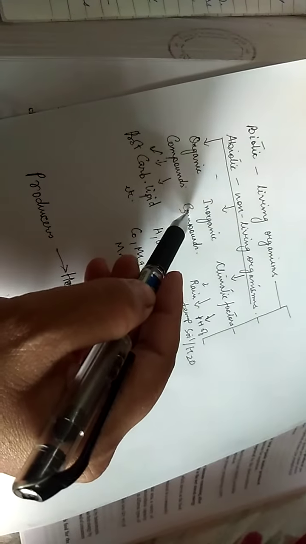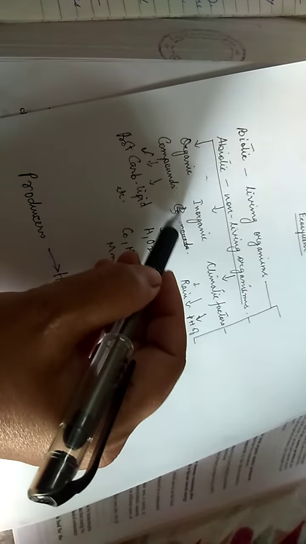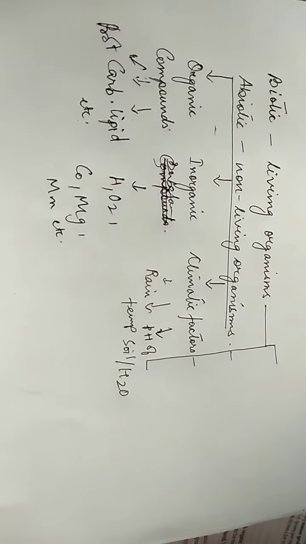Next, the abiotic factors I have already discussed. They are made of organic substances, inorganic substances, and climatic factors.